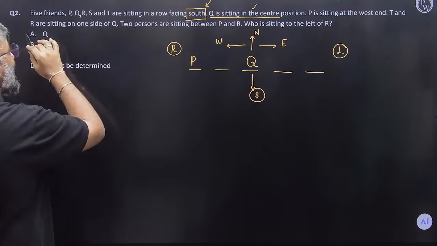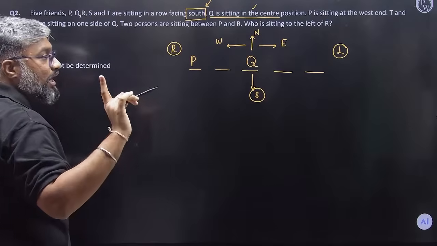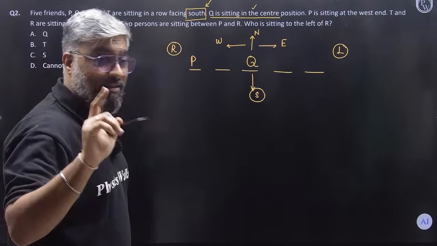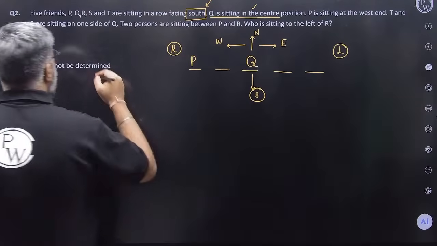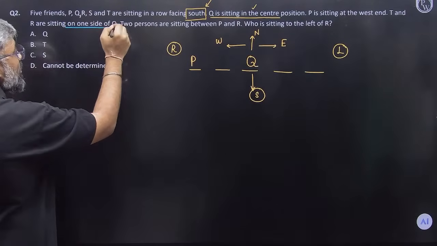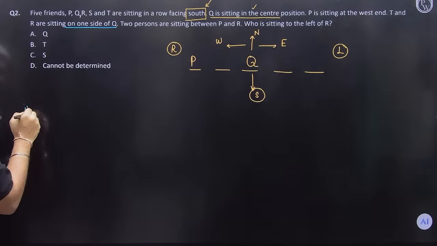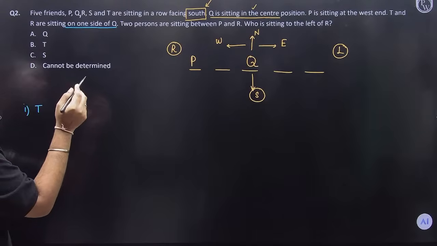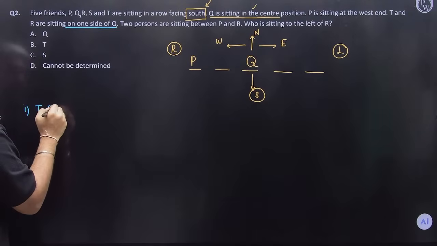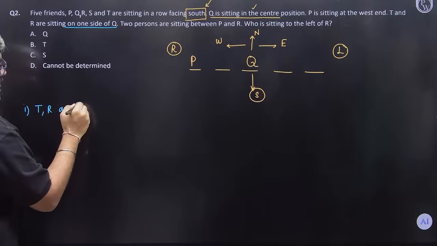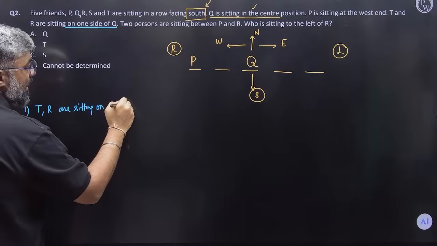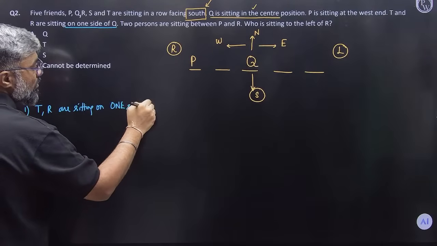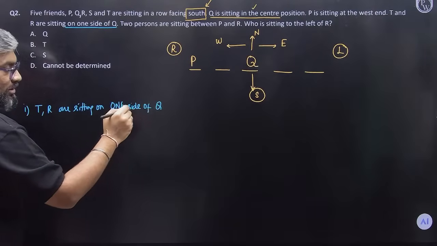T and R are sitting on one side of Q. Okay, what does this mean? Read the statement very carefully, because this is not saying T and Q are sitting on one side of Q. T and R are sitting on one side of Q would mean what?